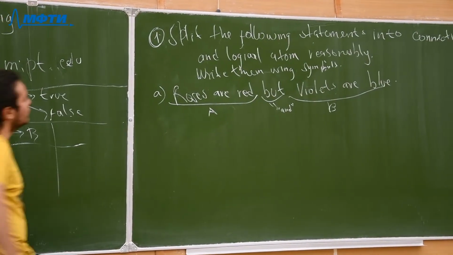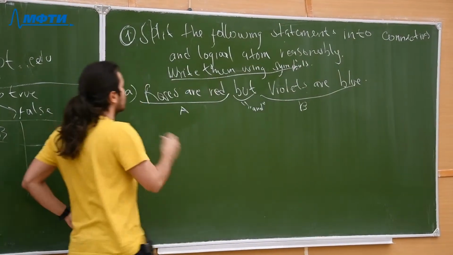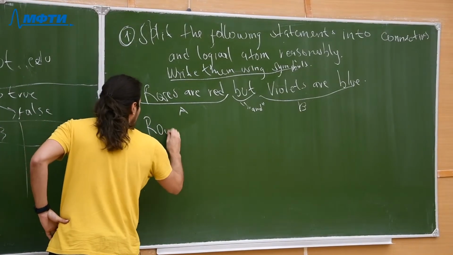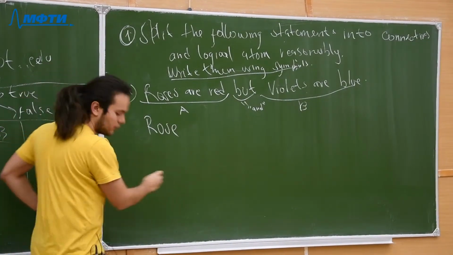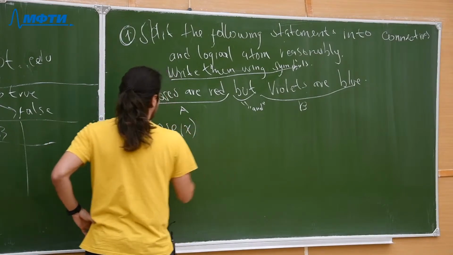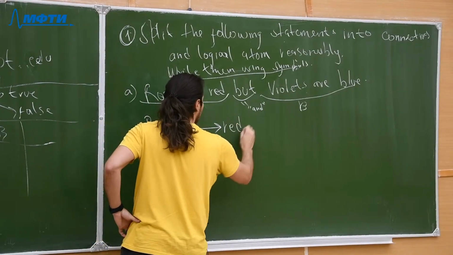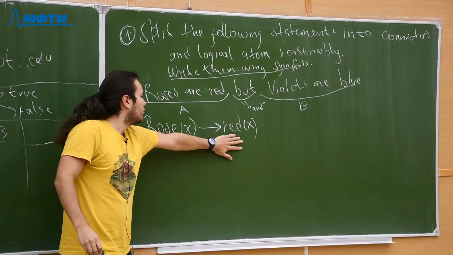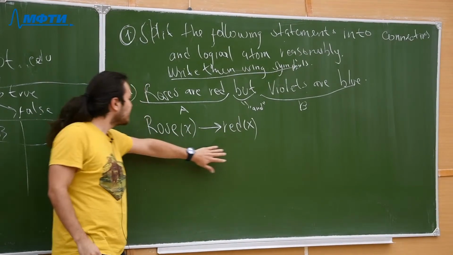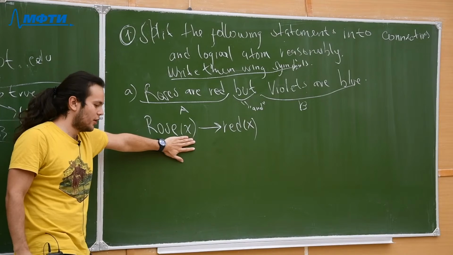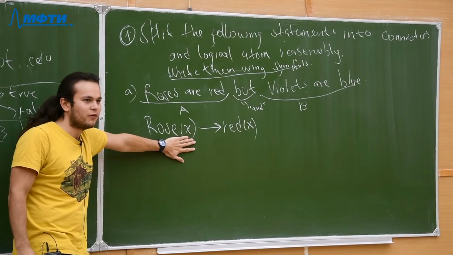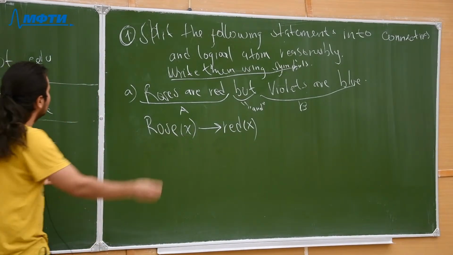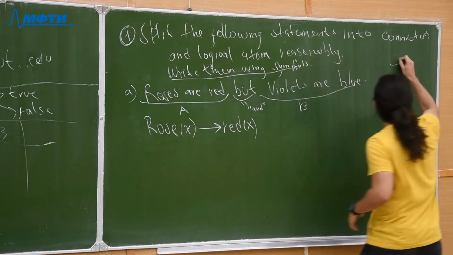Now we have to write this using symbols. Roses are red. What is X? Imagine X as an element of the set of all flowers. We need to take a basic set, let's call it omega.